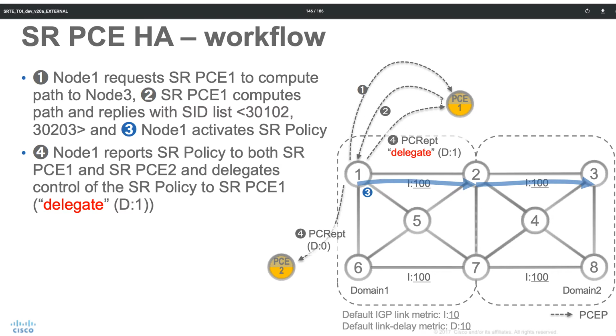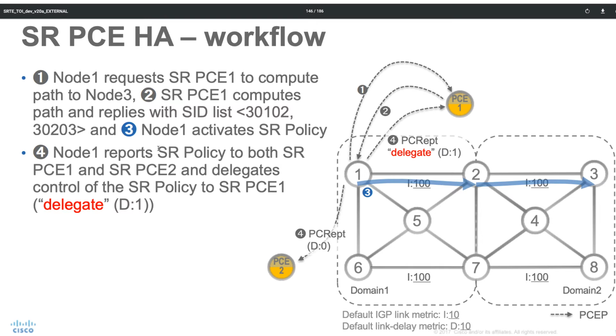In step 2, the SRPC responds back to your headend. It computes that path and replies with the SID list. When node 1 receives that SID list or computed path, it will activate that particular SR policy using this computed path.